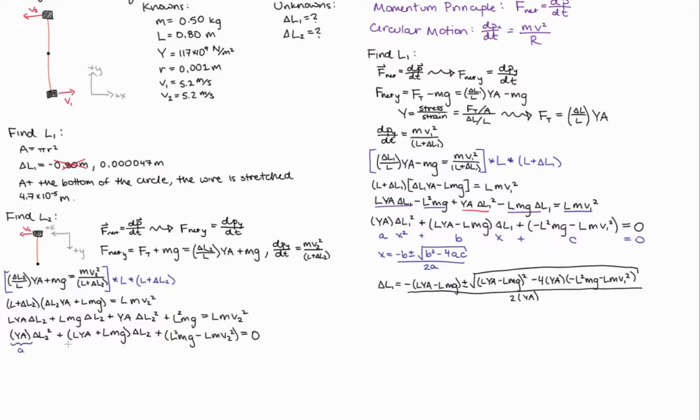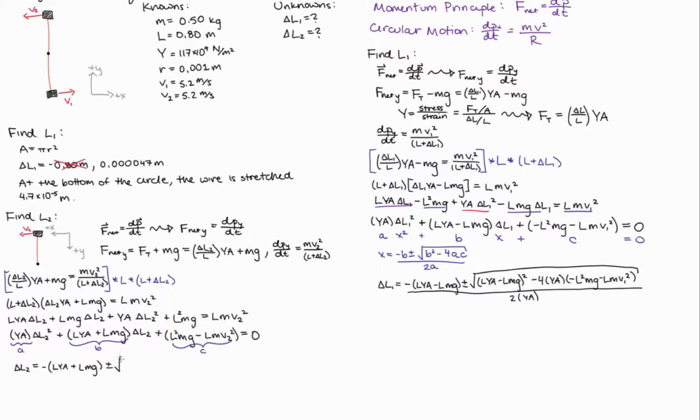Note that the only differences between our quadratic expressions are the signs of terms involving the force of gravity mg. Our expression for delta L2 will then be the same as that for delta L1 with these few sign changes.